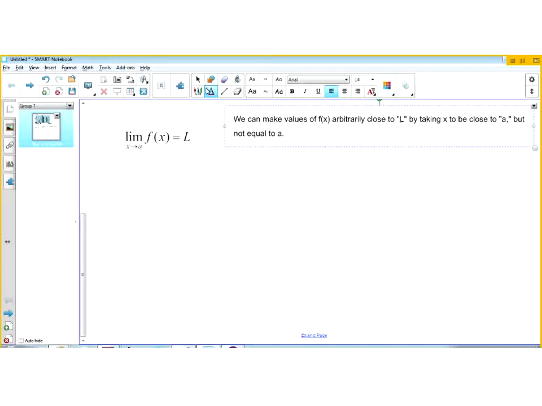This L that I have in quotes in this statement is the same as this L. So we can take our output to be arbitrarily close to this number L as we drive x toward a from either direction. The caveat is that x will never equal a.